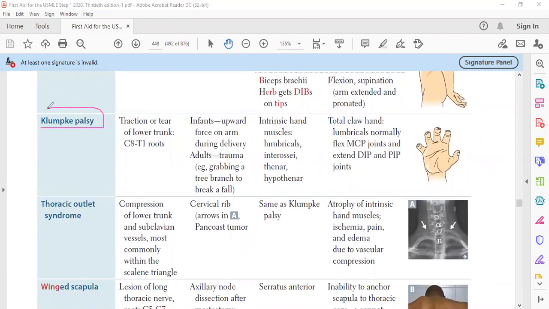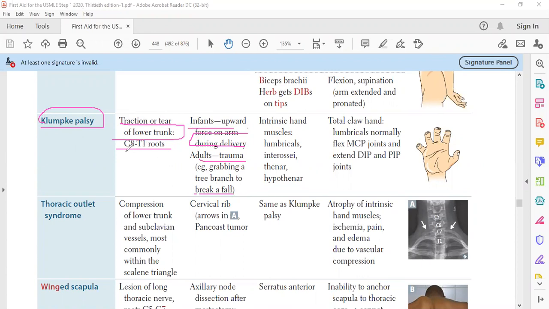Now we have Klumpke's palsy. What happens is there is traction or tear of the lower trunk, C8 to T1. In infants, there is upward force on the arm during delivery. In adults, it is trauma, for example, grabbing a branch to break a fall. Okay, so it can happen.